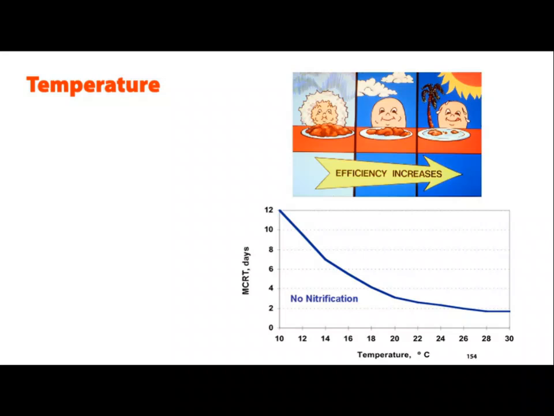The temperature is something that is kind of a biological accelerator pedal. The warmer the temperature gets, the faster biological growth happens. The books will say somewhere between 35 and 50% increase in metabolic rate for every 10 degrees rise Celsius.